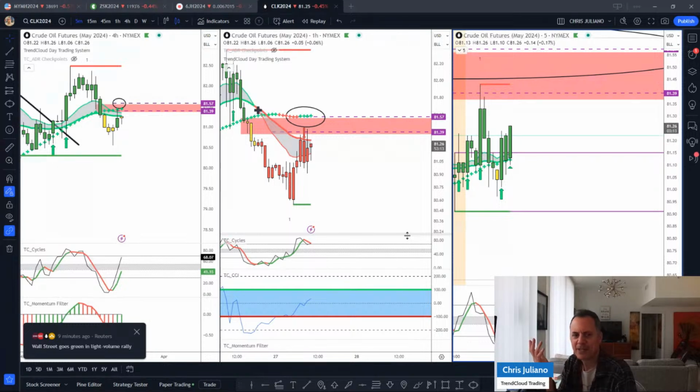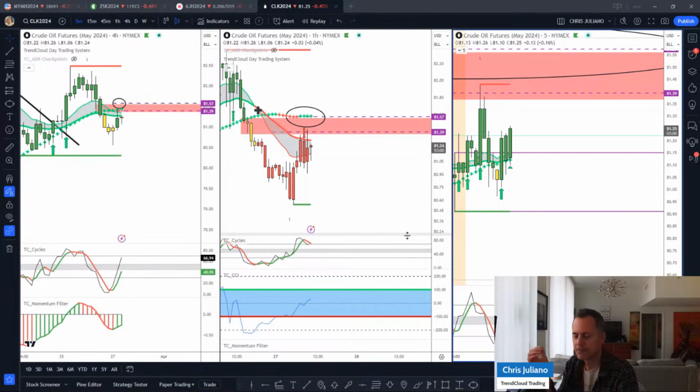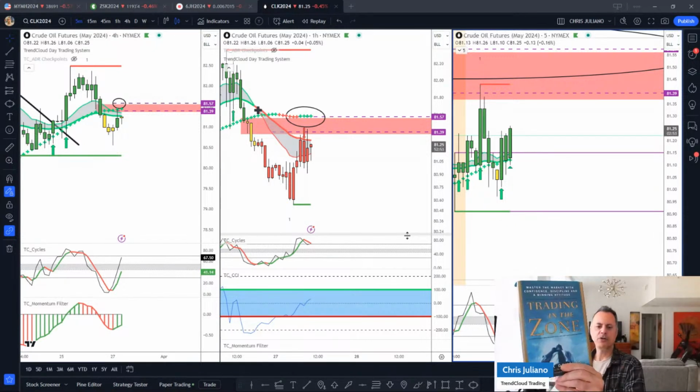I've seen it happen, and it's happened to me, right? And Mark Douglas talks about this all the time in Trading in the Zone. This book right here, Trading in the Zone. Great book. Pick that book up.